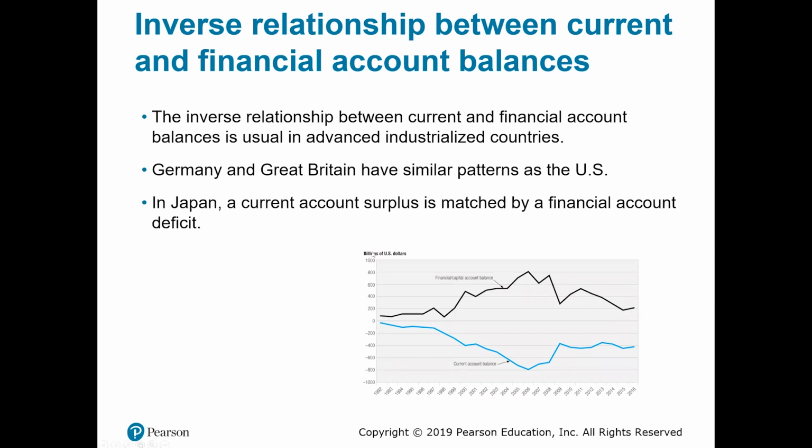Germany and Great Britain have a similar pattern. In Japan, it's just the opposite. Current account surplus is matched by a financial account deficit. So this is normally what happens.